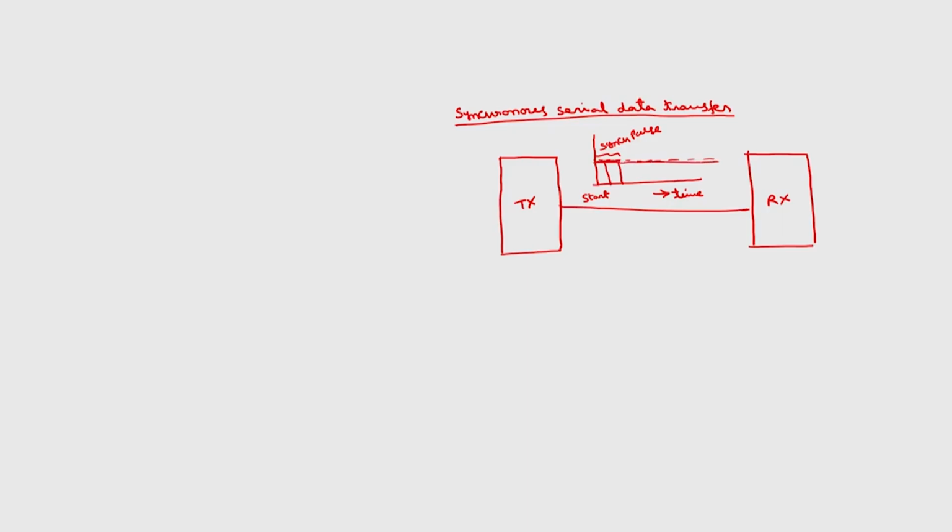Then the data will be transmitted. This is data. This type of data transfer is faster because both will be operated at the same clock. This is important: both devices will operate at the same clock.